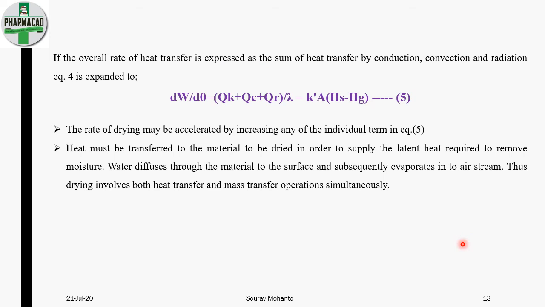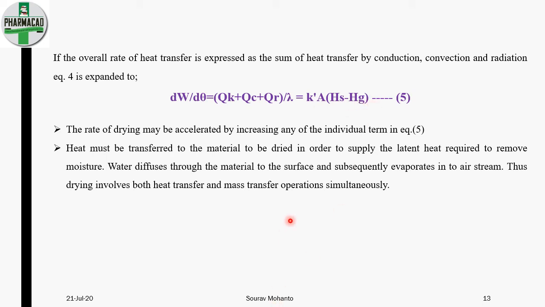If the overall rate of heat transfer is expressed as the sum of heat transfer by conduction, convection and radiation in equation number 4, then it can be expanded like this: dw by d theta equals (qk plus qc plus qr), that is conduction, convection and radiation, divided by lambda, equals k dash A (Hs minus Hg).